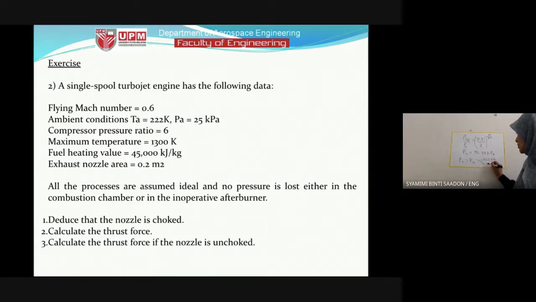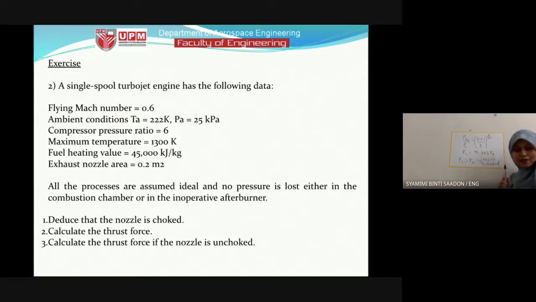The air, the fluid inside the nozzle, is limited, up to the point of the critical point. We have proved that the critical pressure is higher than the ambient pressure, so the nozzle is choked.